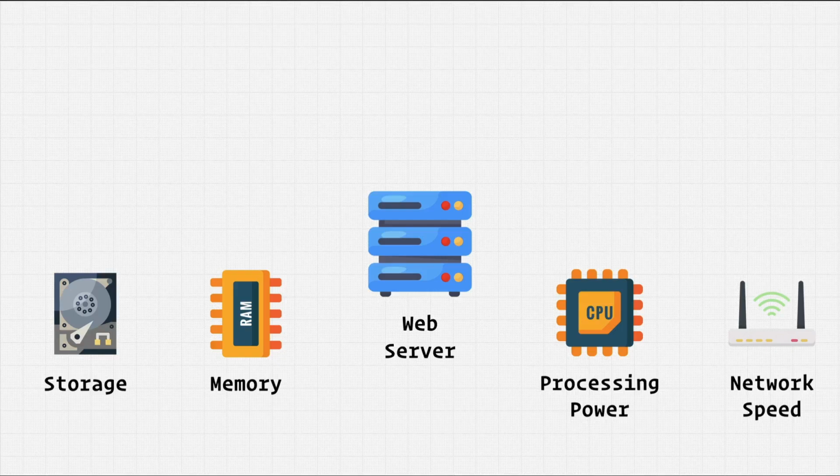Processing power is the actual CPU unit inside of your computer that allows you to run logical programs. So application logic runs on a CPU. And then network speed is pretty much just the access to the actual internet and how fast that access is.